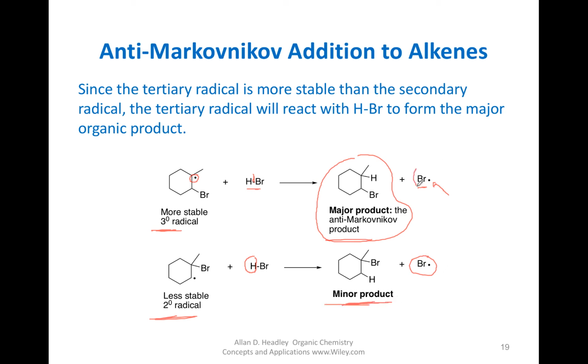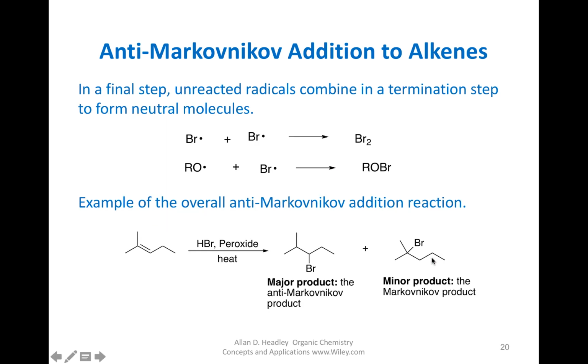As you can imagine, these are radicals, so they will react with something else to form a neutral molecule, and that's shown here where these bromine radicals couple to form bromine gas, bromine product, and it can couple with the RO dot to form ROBr. So we have here neutral products.